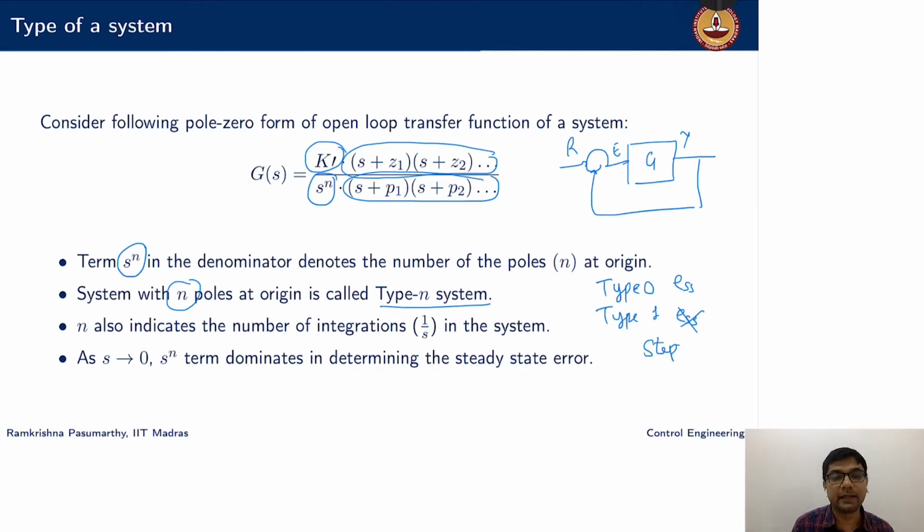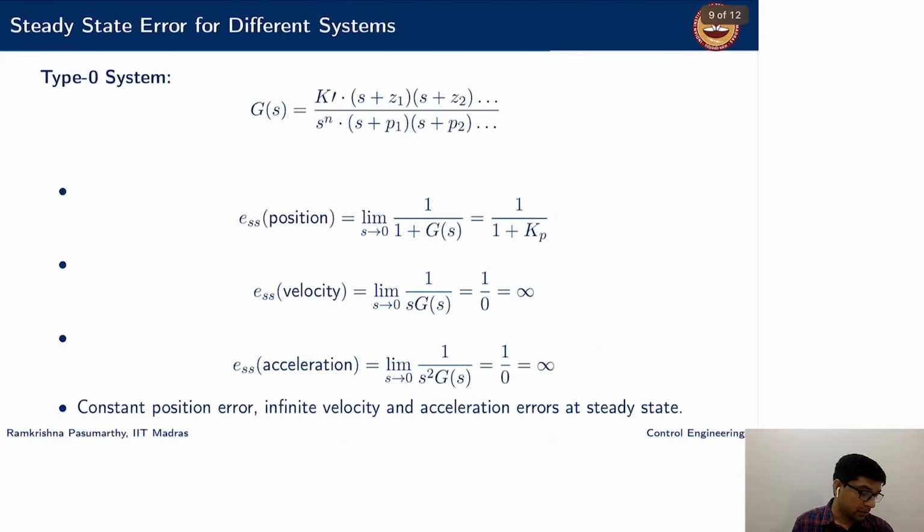Okay, this also indicates the number of integrators, right? The transfer function of an integrator block was just 1 over S. And as S goes to 0, this term dominates in determining the steady state error. Kind of okay, right? So a type 0 system means no poles at the origin. Let me look at the same example.